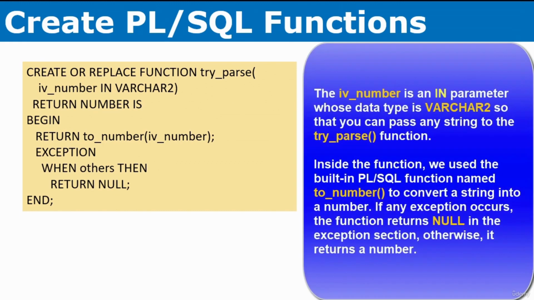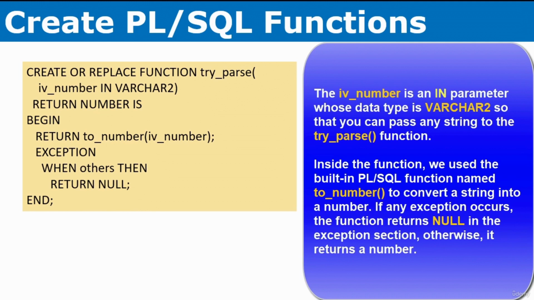The IV_number is an in parameter whose data type is varchar2, so that you can pass any string to the try_parse function. Inside the function, I've used the built-in PL SQL function, which is called to_number.